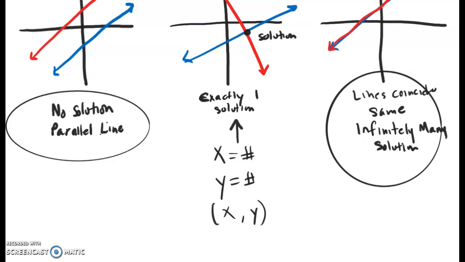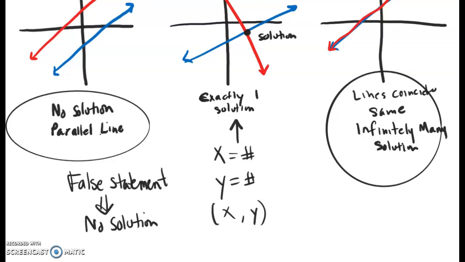So we have seen this already if you watch the prior video. But what about if I do the addition method or do the substitution method? What ends up happening is that I end up with this. I end up with a false statement. And when I end up with a false statement, that means you'll have an equal sign, but the two sides are not equal. When you end up with a false statement, you're going to say no solution.